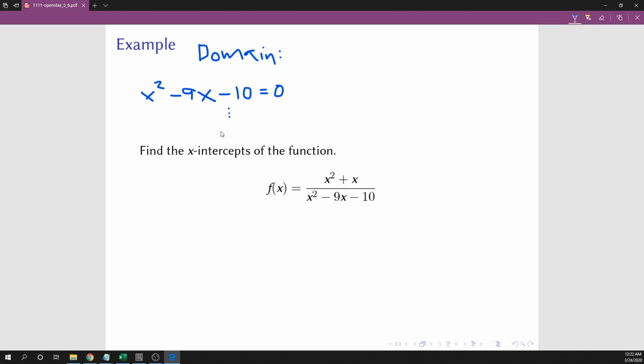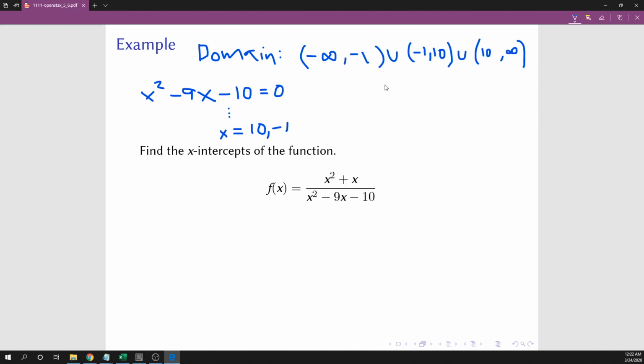And we just did that exact equation a couple slides ago. And we got x is 10 and negative 1. All right, and so the domain we said was negative infinity to negative 1, union negative 1 to 10, union 10 to infinity. All right, so we found the domain.